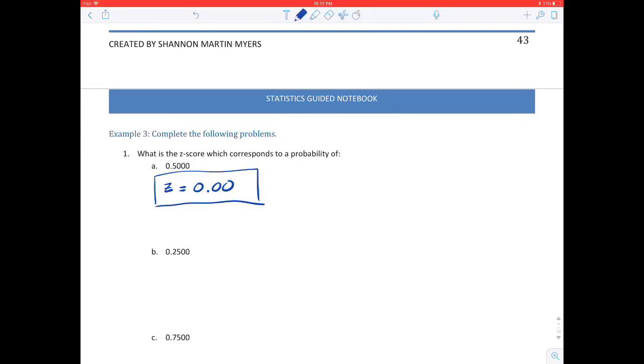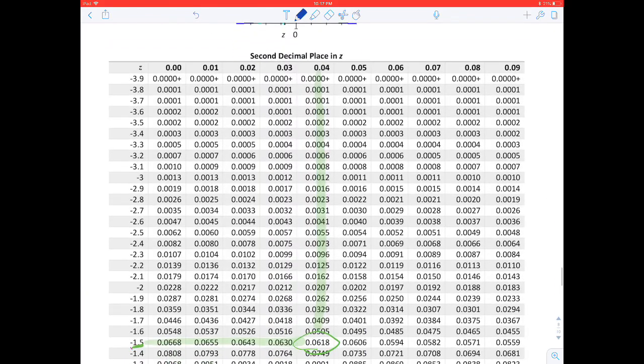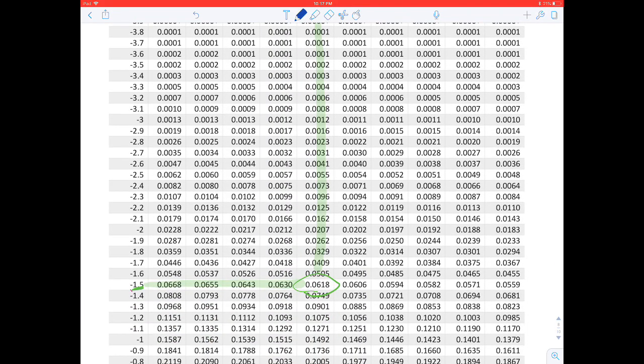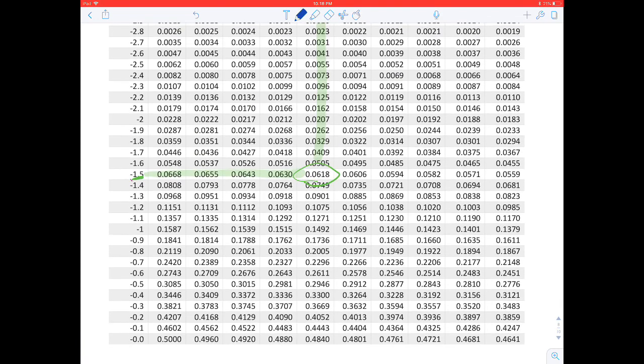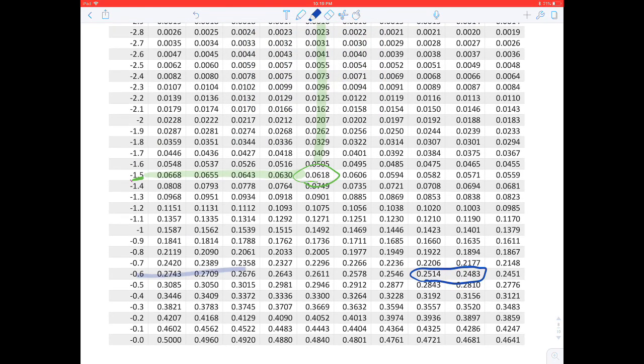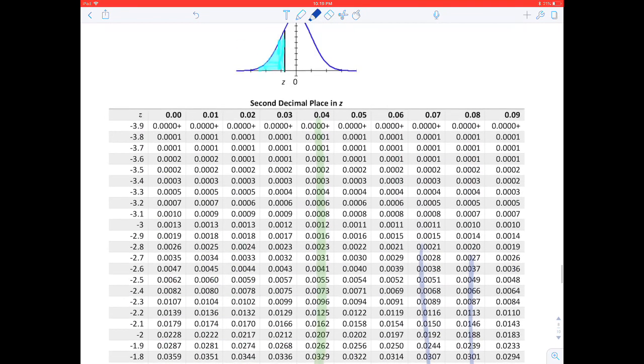All right, so what about 0.25? Let's check it out. So do you see that 0.25 is going to be in between those two areas, right? So what you do is you go to those corresponding two z-scores, and you average them.